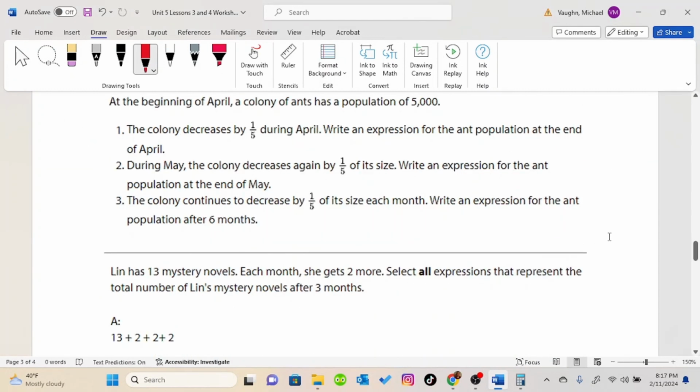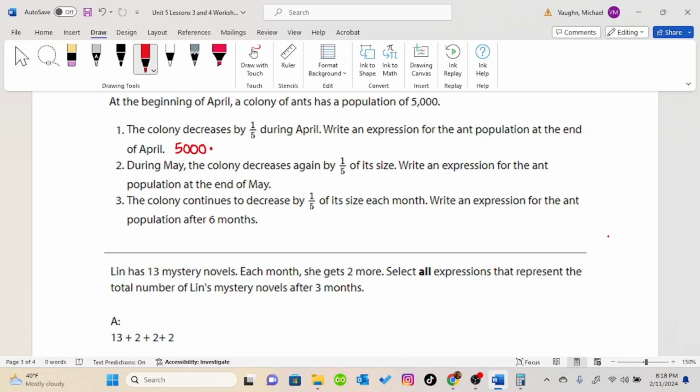At the beginning of April, a colony of ants has a population of 5,000. The colony decreases by 1/5 during April. Write an expression for the ant population at the end of April. So, we are starting with 5,000.